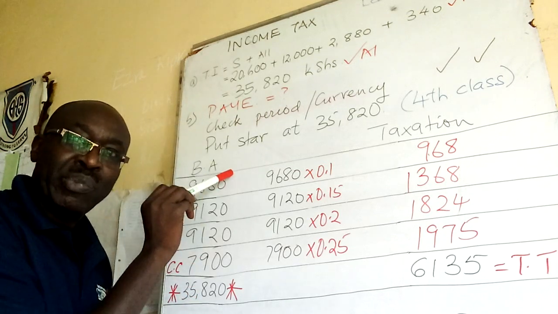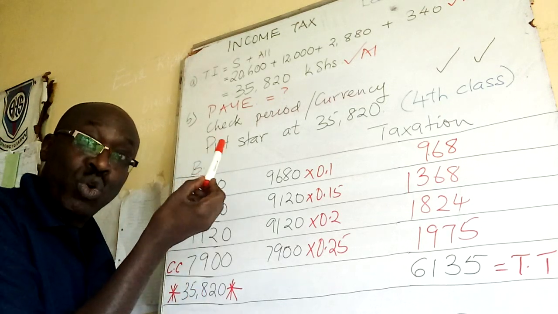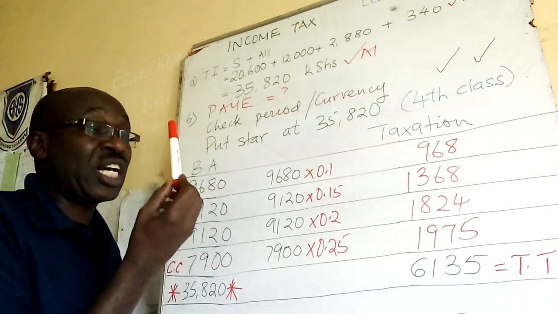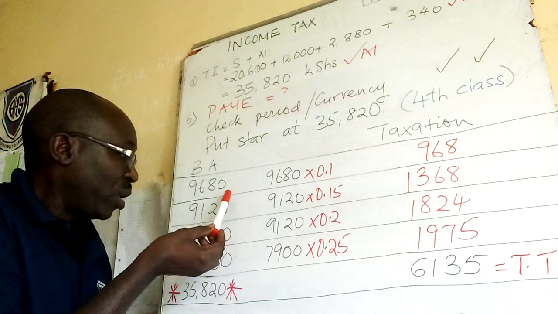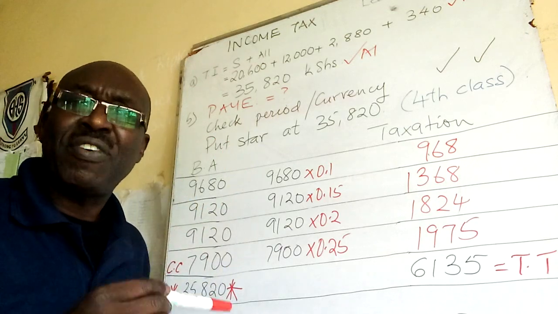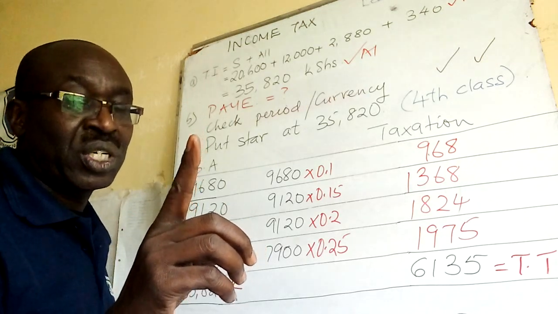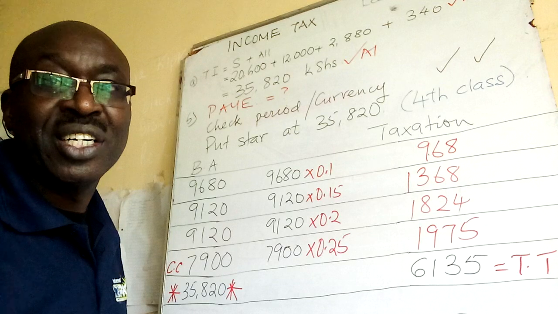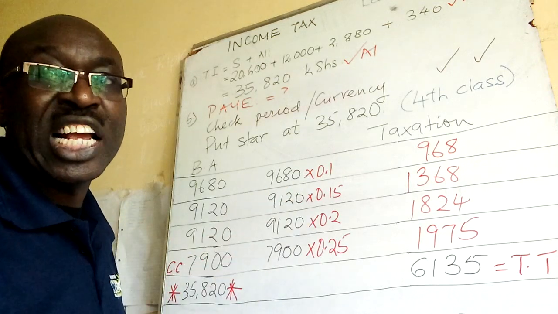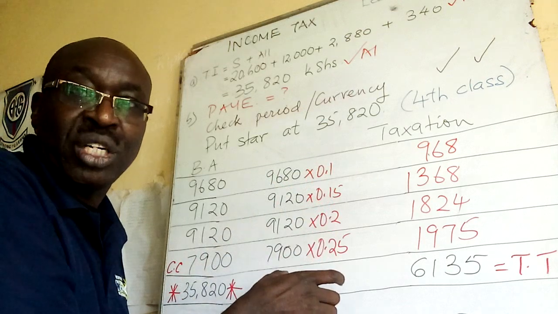Remember, bracket amount eventually gives you taxable income. So if your taxable income was 35,820, when you add all this, it will give you 35,820. Folks, now you can proceed. That is a green light. Now you come and do taxation.